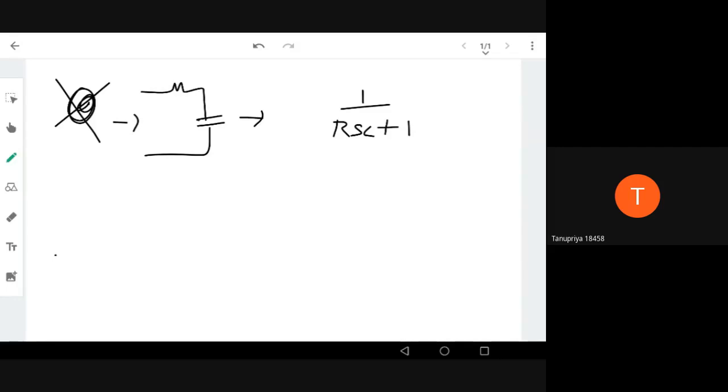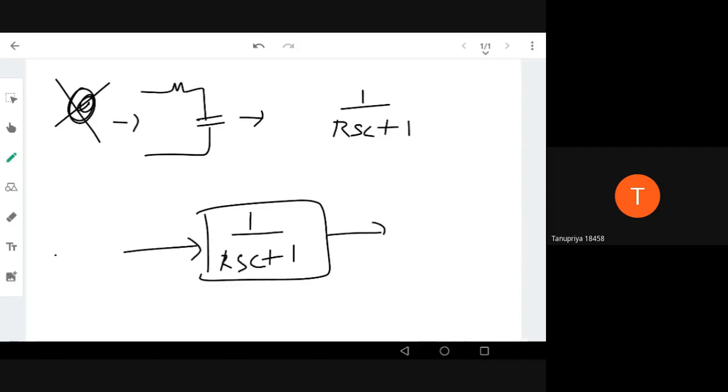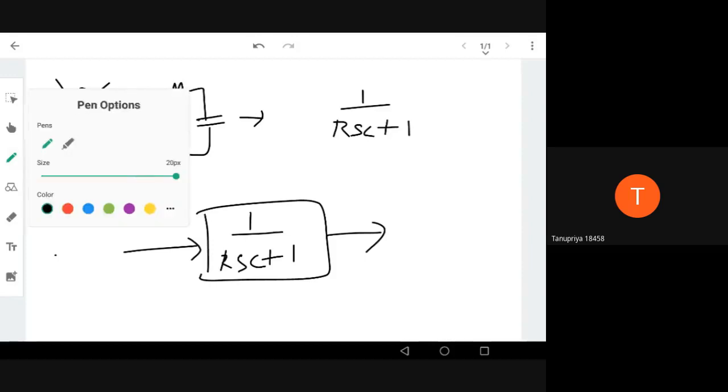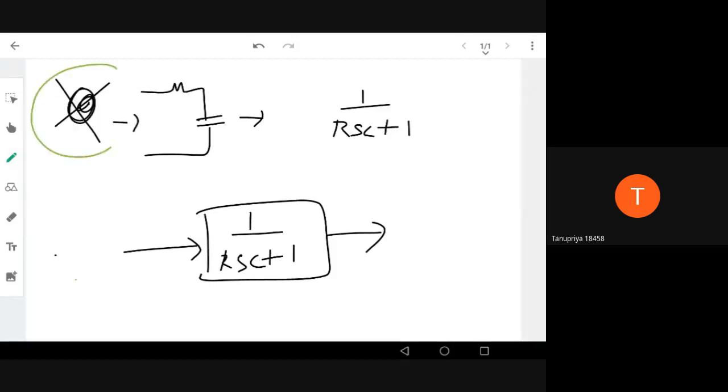From this transfer function I can give my input and see what the output is. Different kinds of input I can give: step input, ramp input, whatever. So this transfer function is now my model of this device, and whatever input and output I can analyze using it.